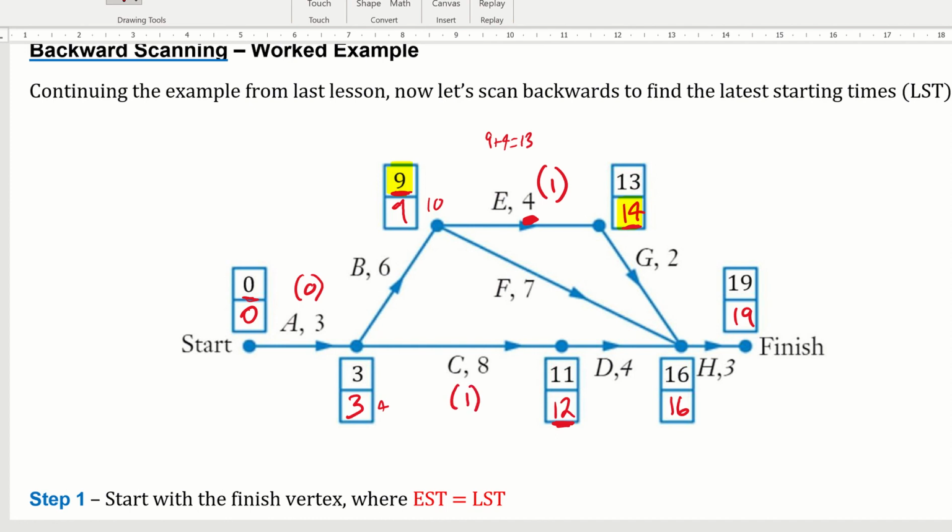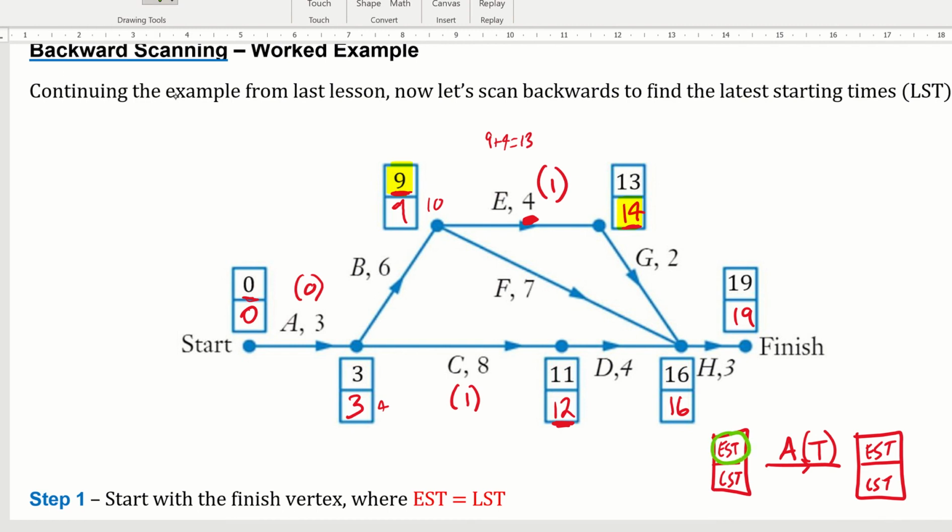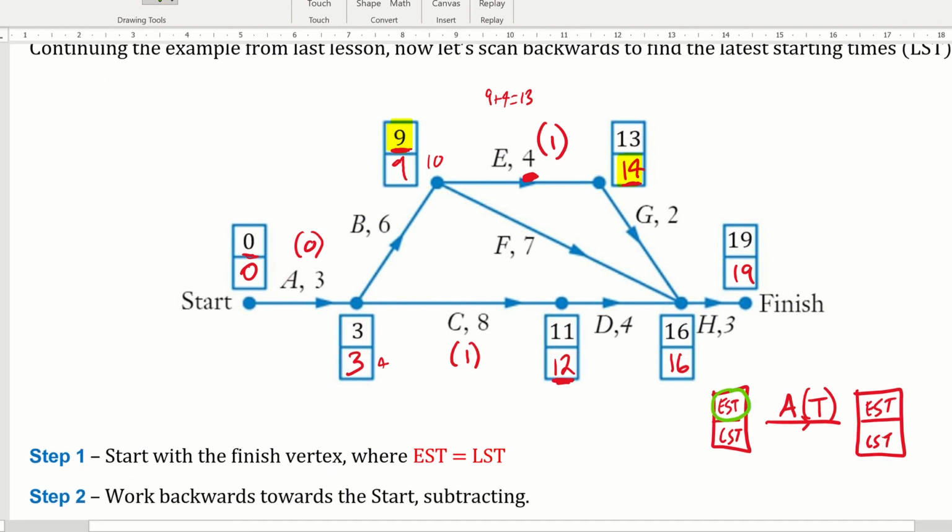Essentially, if you're looking at just any kind of example, if I write it like a formula, this is the EST, LST, EST and LST, and I'll call it A for activity and T in here for time. The formula says that we take the EST from the one before, and we add the time.